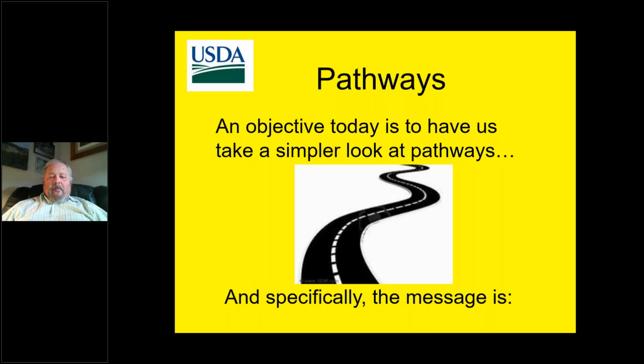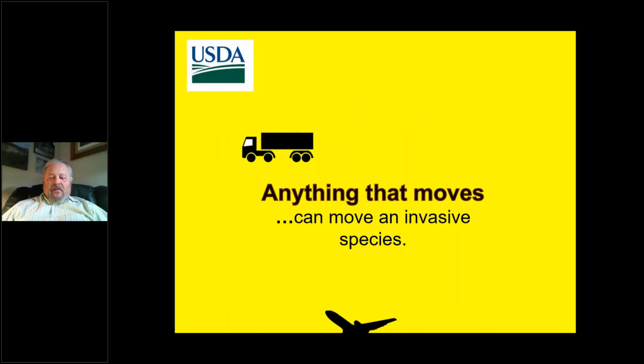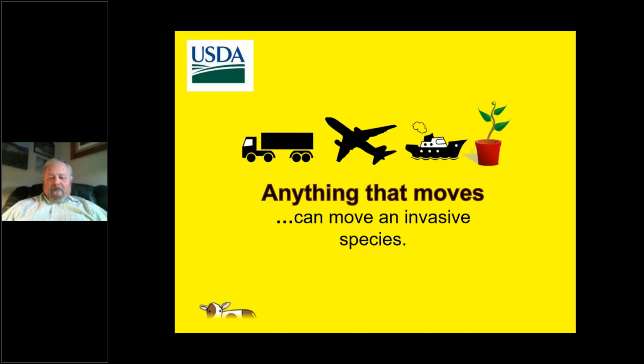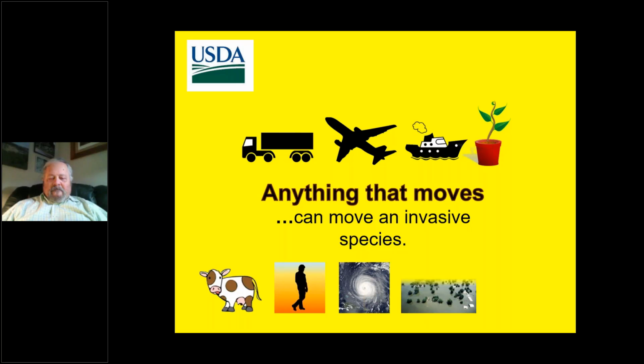So looking a little bit at pathways themselves, an objective today is to have us take a simpler look at pathways. And specifically, the message is anything that moves can move an invasive species. And the graphics there are to help remind us that certainly conveyances of various sorts are prime methods of movement.